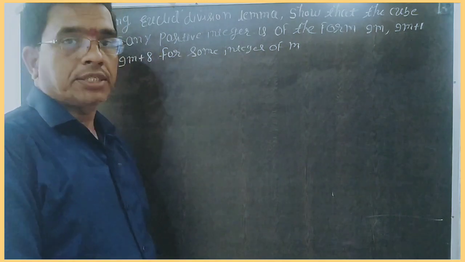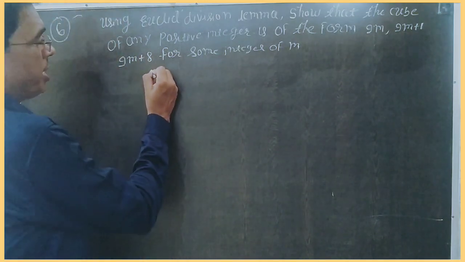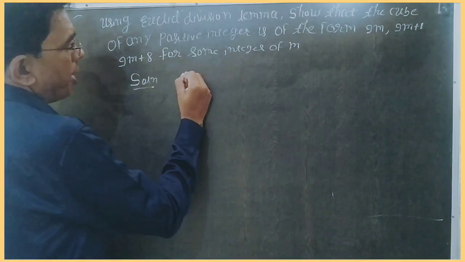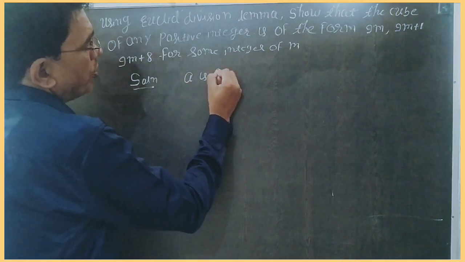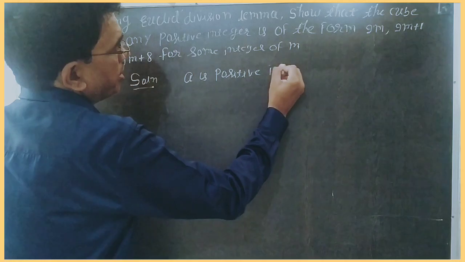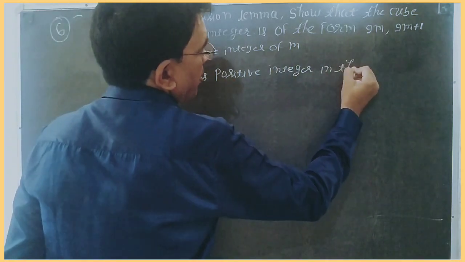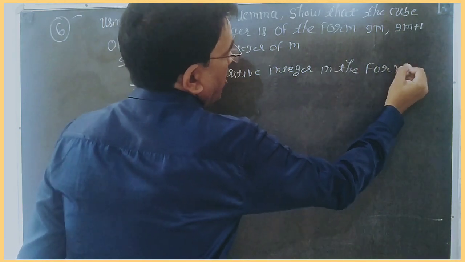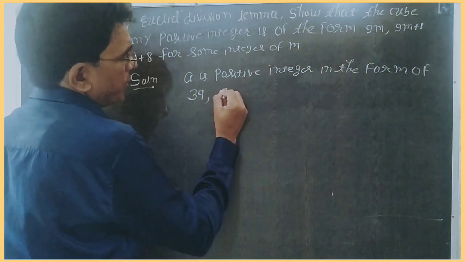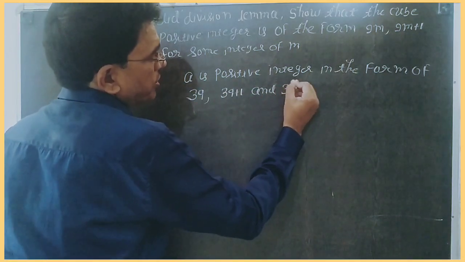So as in example 5, when a is divided by 3, in the solution you write: a is a positive integer in the form of 3q, 3q plus 1 and 3q plus 2.